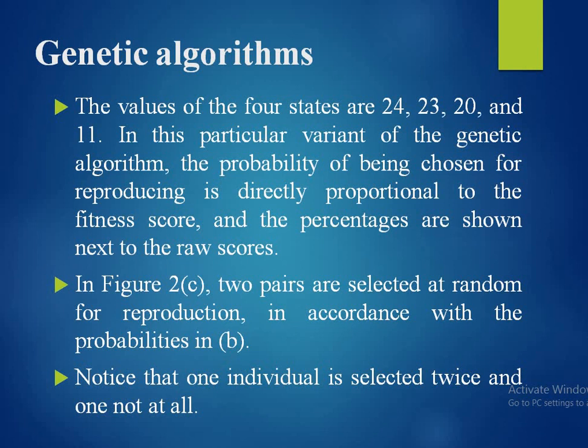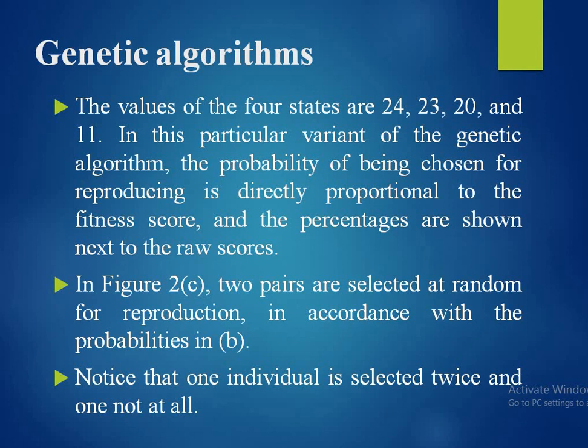The values of the 4 states are 24, 23, 20 and 11. In this particular variant of the genetic algorithm, the probability of being chosen for reproducing is directly proportional to the fitness score, and the percentages are shown next to the raw scores.